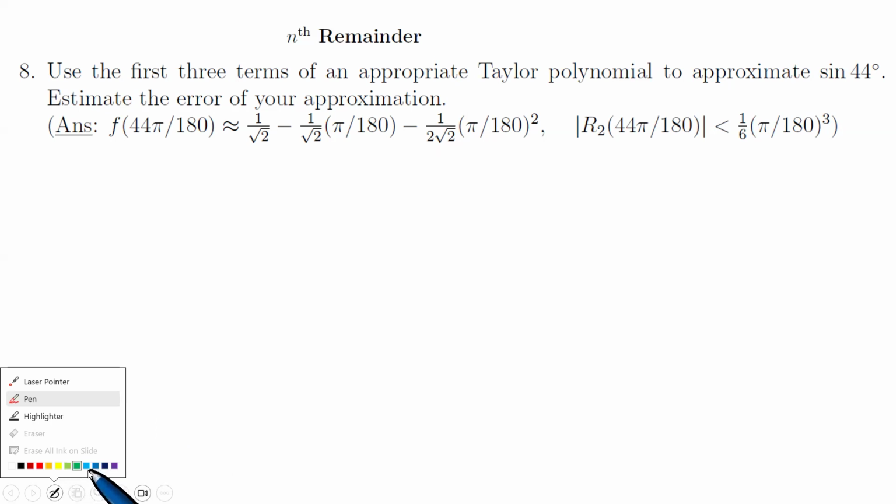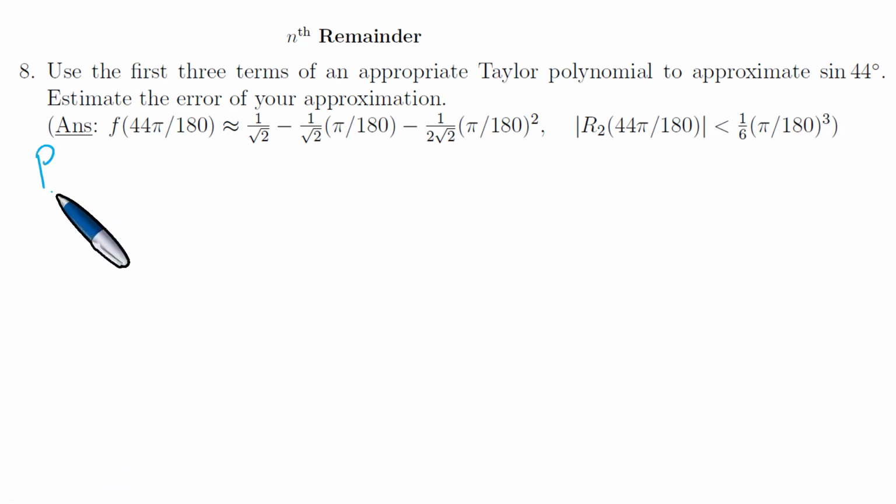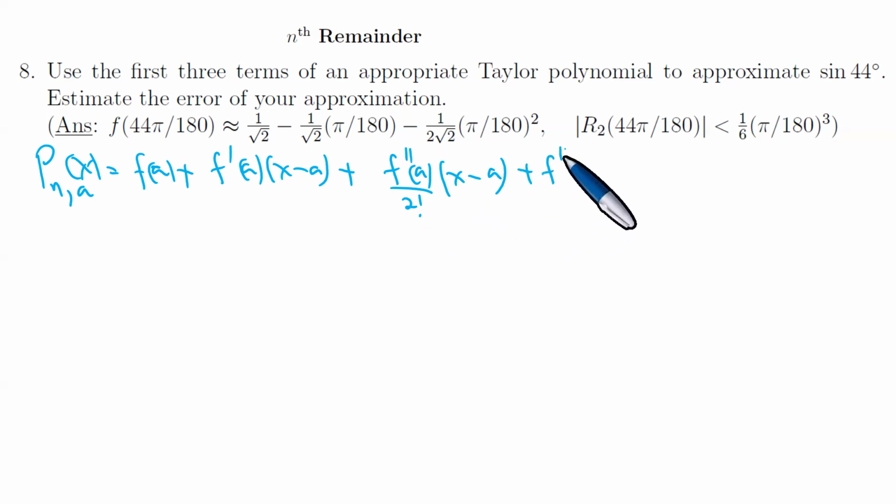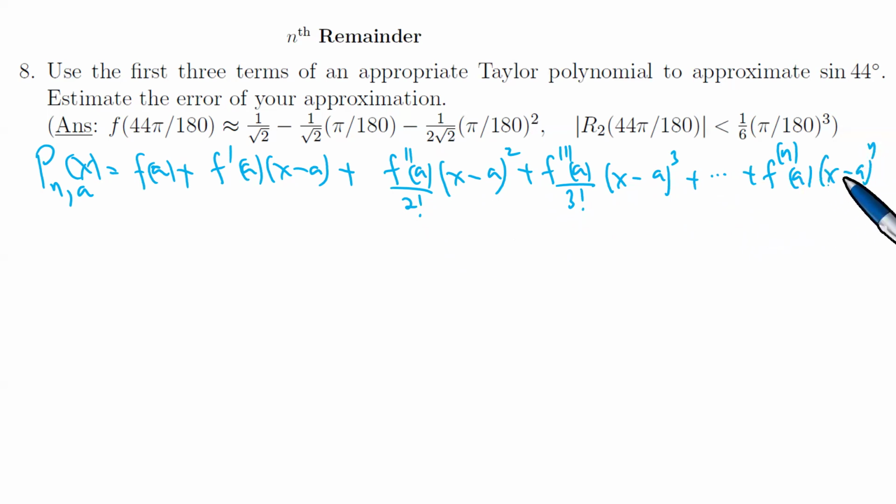So now, the Taylor, we've already seen that it is Pn at A of x, which is f of A, f prime of A, x minus A, over 2 factorial x minus A squared, over 3 factorial x minus A cubed, and then this is f^n of A, x minus A to the n over n factorial.